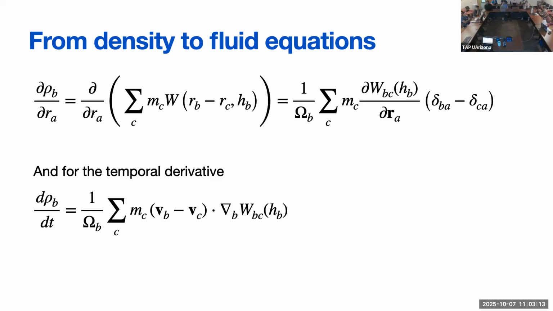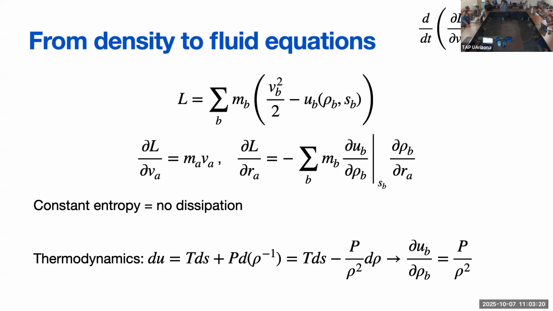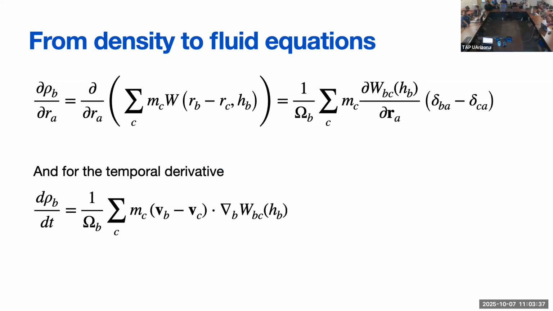And so with this, one can compute the spatial and temporal derivative of the density estimator. The idea here is that, in order to obtain the fluid equation, we need to compute these quantities. This derivative here, and also we will need to compute temporal derivatives of the density. The way in which we compute the density is important, because the spatial and temporal derivatives of the density are just the spatial and temporal derivatives of our density estimator.